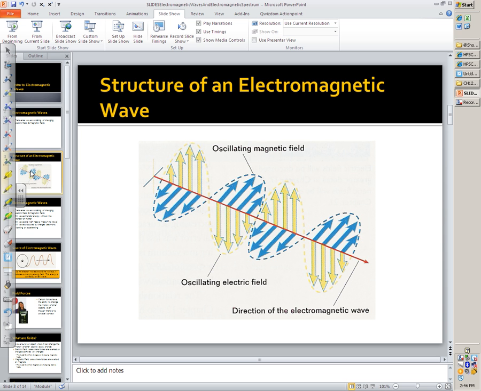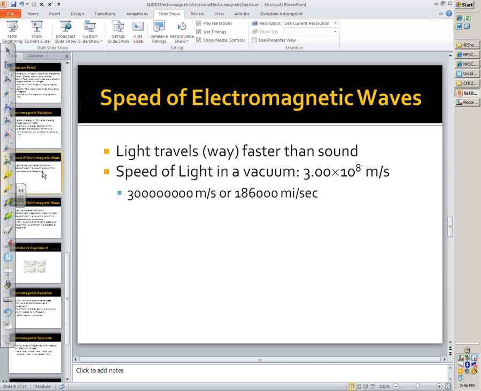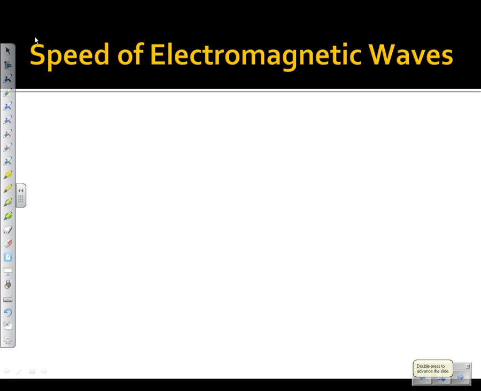So let's go to some other parts of electromagnetic waves. Speed. We talked about in a mechanical wave that speed is determined a lot by what? What determines the speed of a mechanical wave? Distance over time. Well, distance over time, that's how we would measure it. Frequency and wavelength do play a part in it.